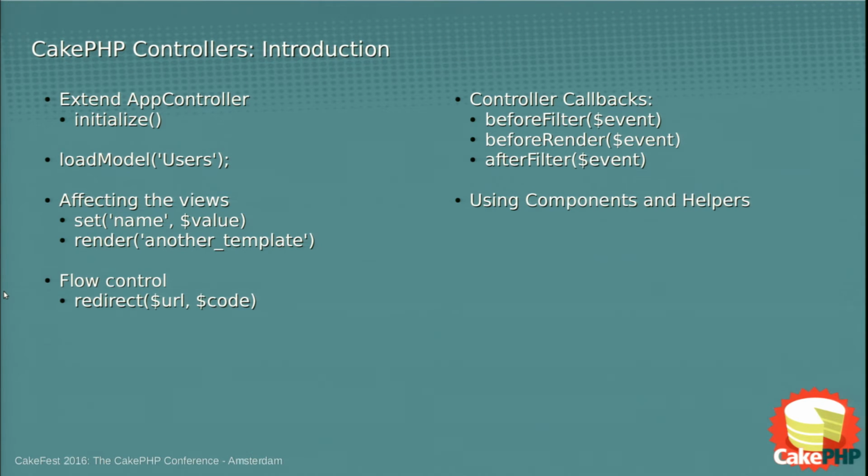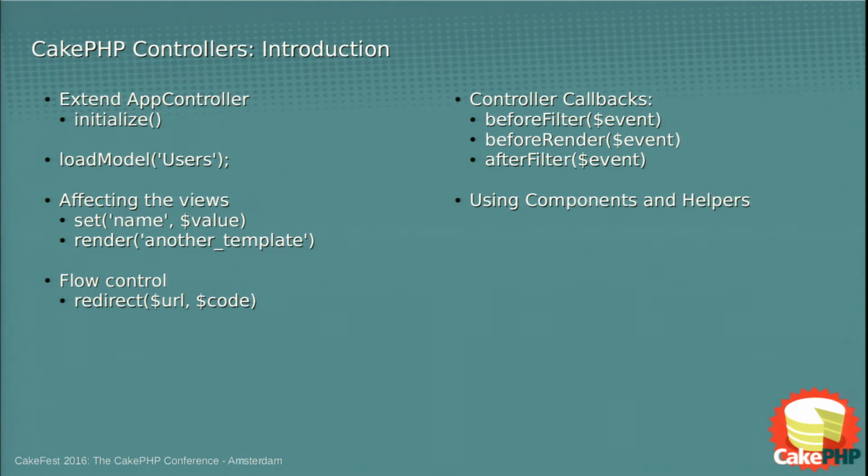So controllers, we're going to do a quick introduction, and talk about components and specifically one component. The controller classes extend AppController. They have an initialize as well, where you can configure things, and also the beforeFilter callbacks.